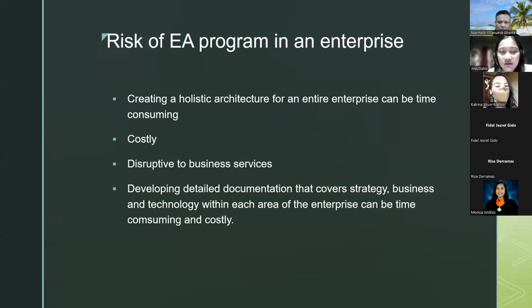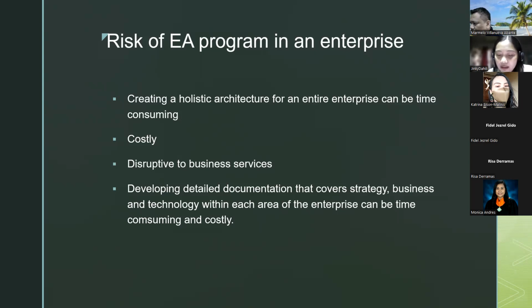Disruptive to business service. Developing detailed documentation that covers strategy, business, and technology within each area of the enterprise can be time-consuming and costly. For example, hiring or training an architect and supporting analyst is one element of the cost.